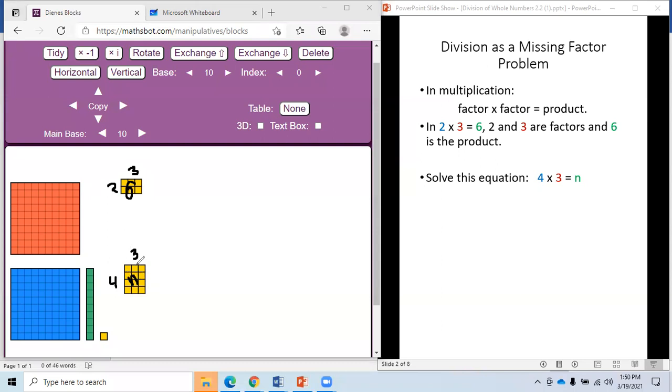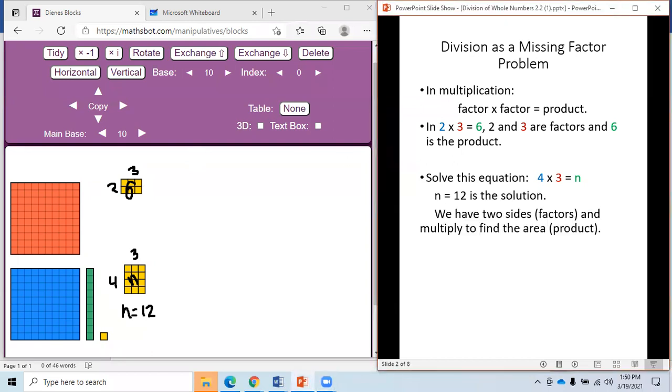If I were to count the blocks, or I would add 3 plus 3 plus 3 plus 3, or I would multiply 3 times 4, 4 times 3, I get n equal to 12. We have 2 sides, 4 and 3, and we multiply to find the area or the product, which is 12.